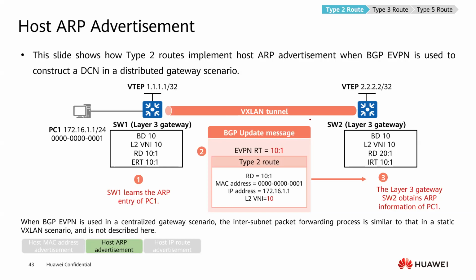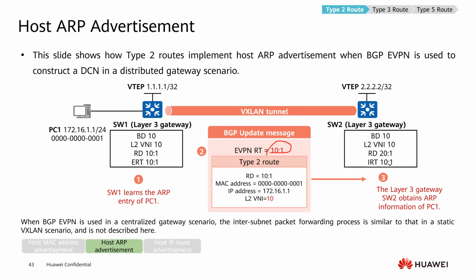Switch 1 will learn the ARP entries of PC1, and then it will deliver the information to other VTEPs using a BGP update message. This message will carry the ID value, MAC address, IP address, the level 2 VNI information, and also the EVPN ID values.